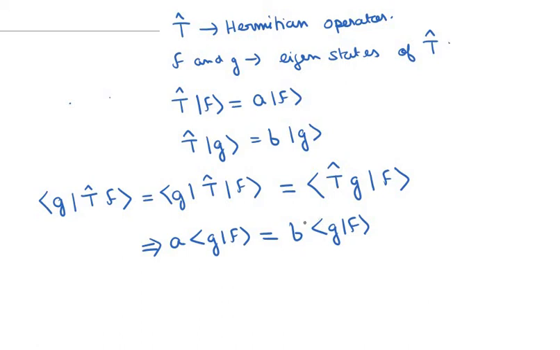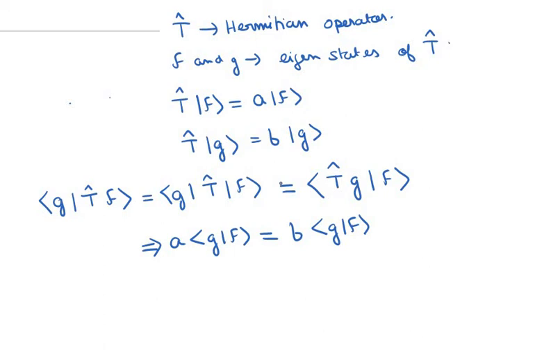Now a and b are non-zero, because these are eigenvalues, and an eigenstate cannot have 0 as the eigenvalue.